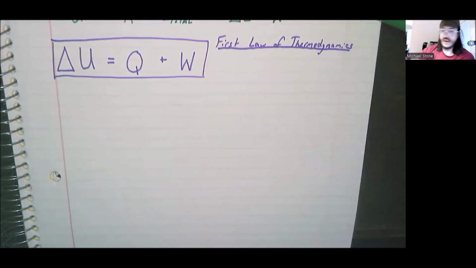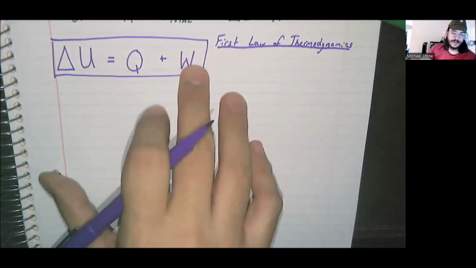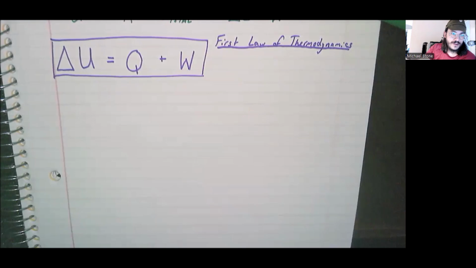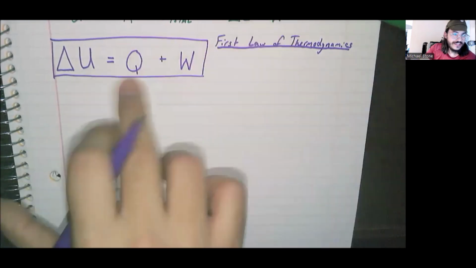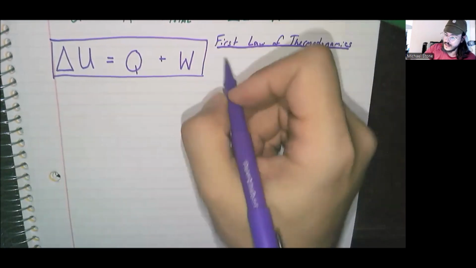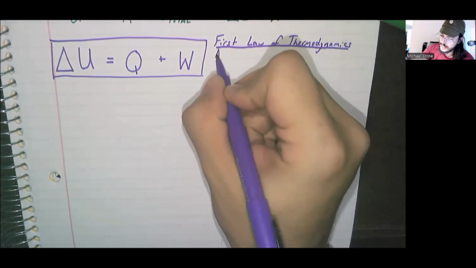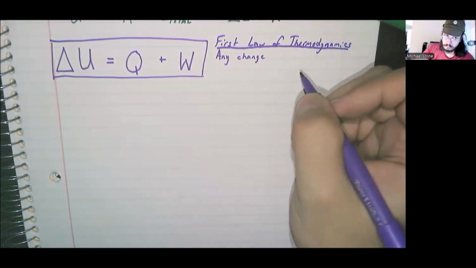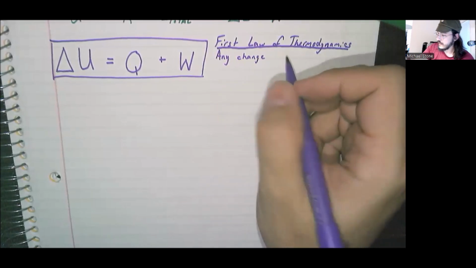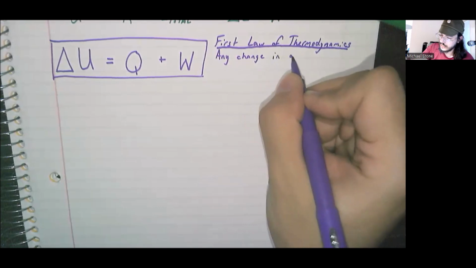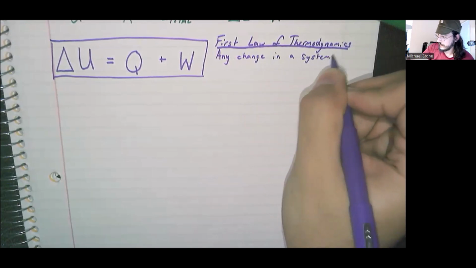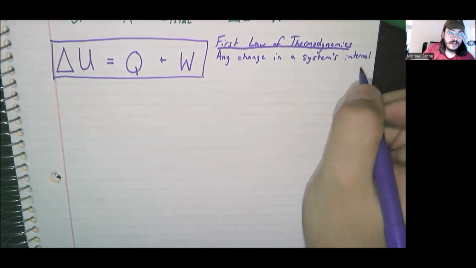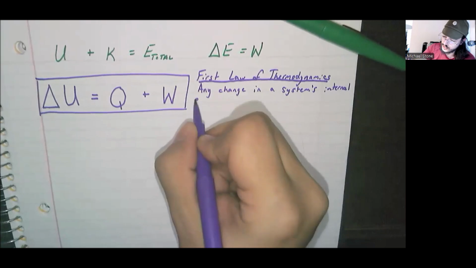So if you've ever heard that the first law of thermodynamics is just that energy is conserved, that's the reasoning at which you arrive at this. But really, it's that any change that is against that conservation, any change in a system's internal energy cannot be blamed on creation or destruction.